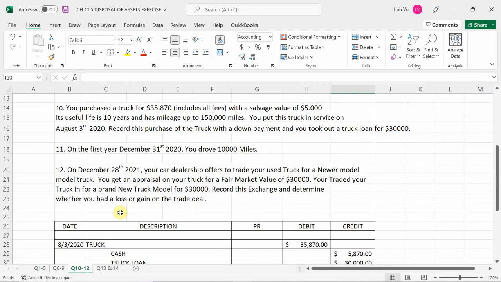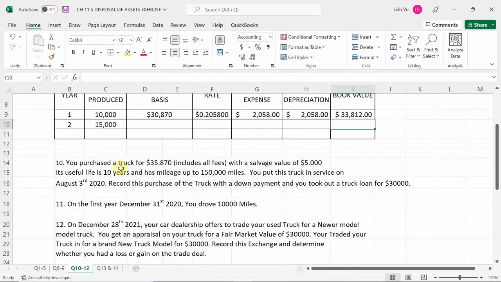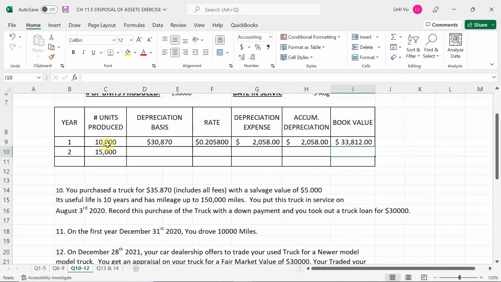So in this case, record this exchange and determine whether you got a loss or a gain. So in this case, I drove another year with this car. So I need to determine what my book value is because we only solved for the depreciation for the first year, which is from December 31st to 2020.